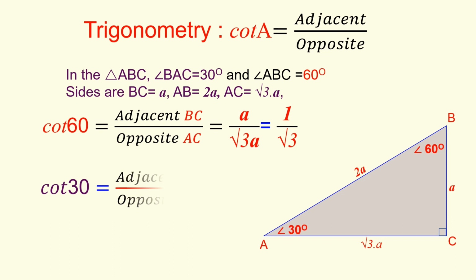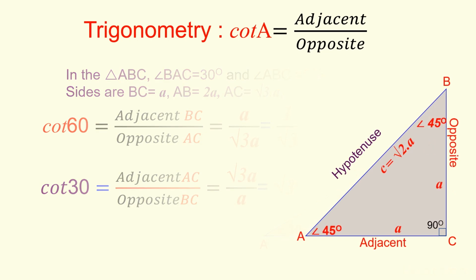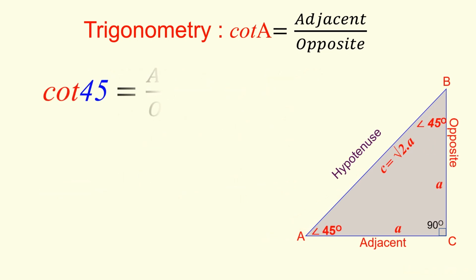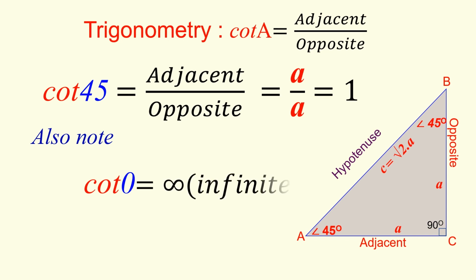And cotangent or cot 30 degrees equals root 3. Cotangent or cot 45 degrees equals 1. Cotangent or cot 0 degrees is infinite. Cotangent or cot 90 degrees equals 0.